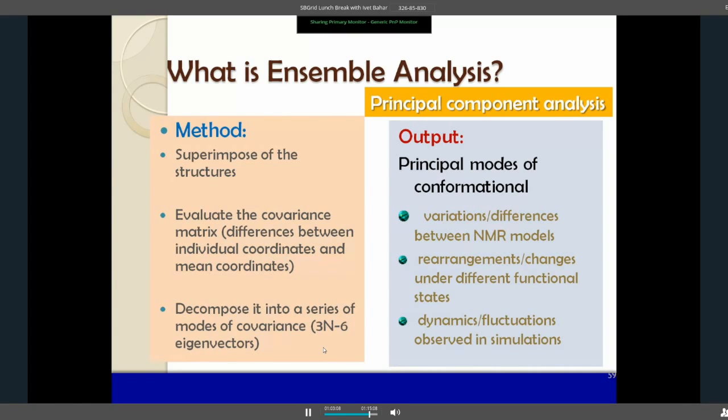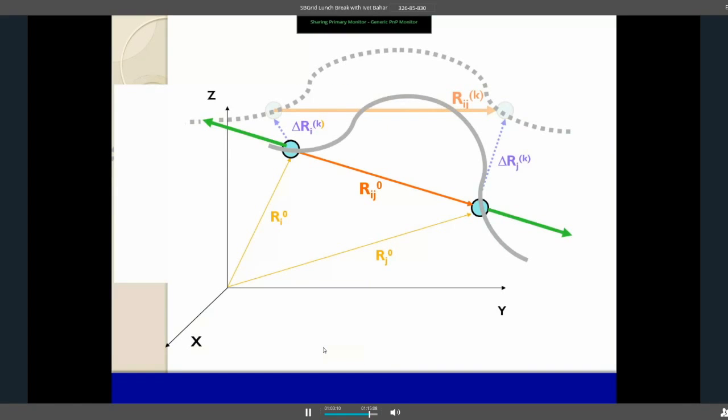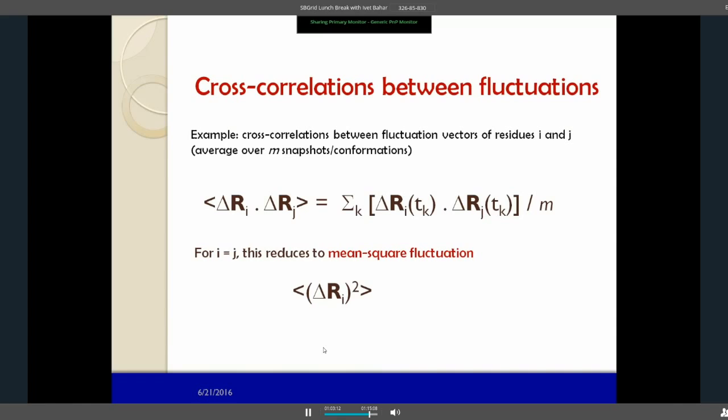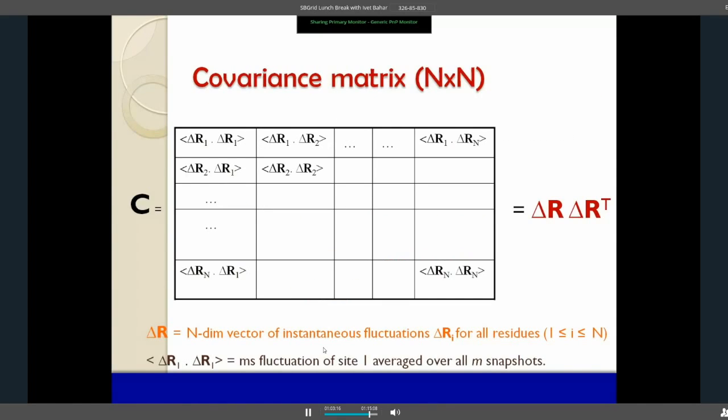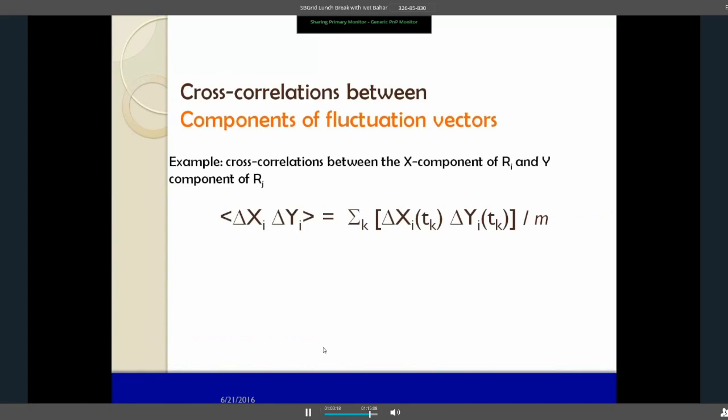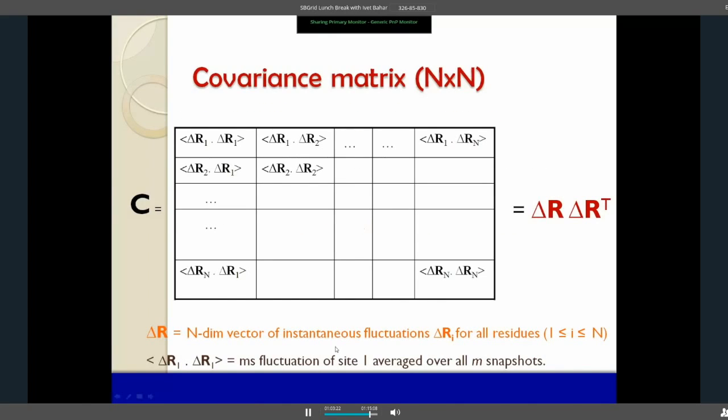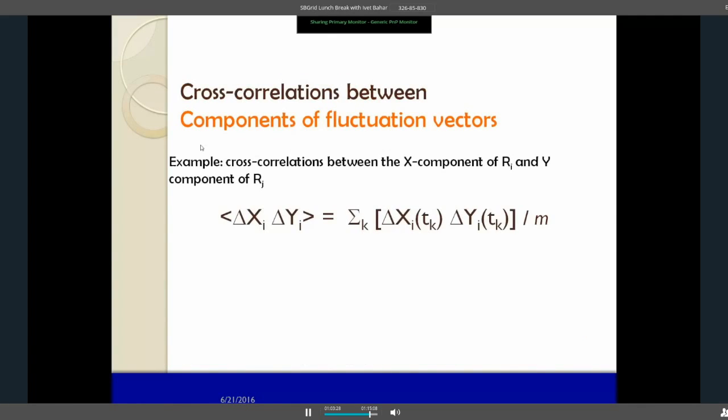And we can examine the cross correlations and build the covariance matrix. The covariance matrix, you can build it as an n by n matrix based on the fluctuation vector, or you can think of the components of the fluctuation vectors, each organized in a 3 by 3 matrix.